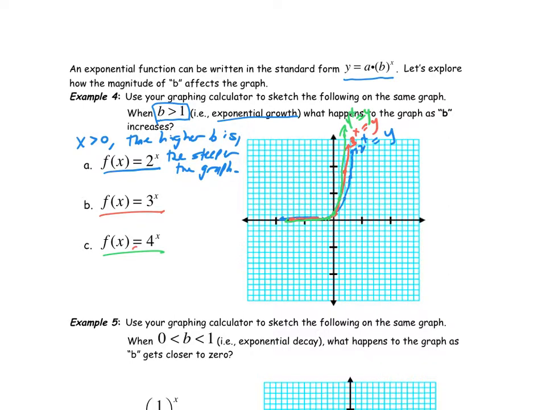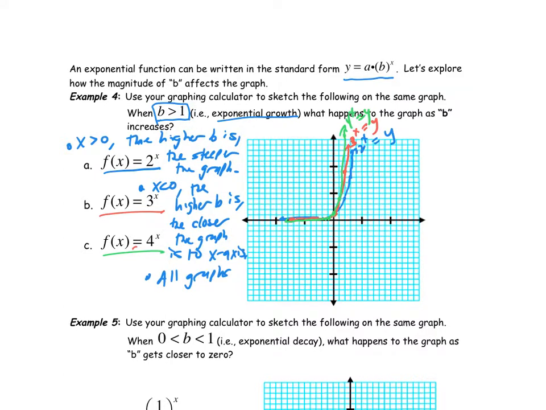When x is less than 0, the higher b is, the closer the graph is to the x-axis. And the third thing that we can say is that all the graphs pass through (0, 1), so they have the same y-intercept. Okay, so that's a summary when we have growth.